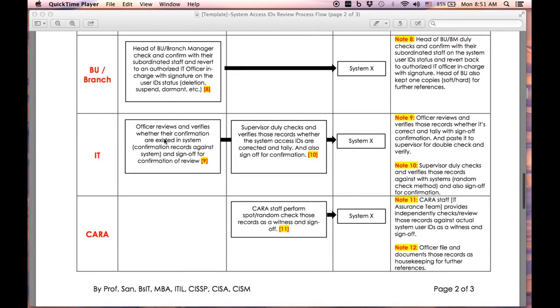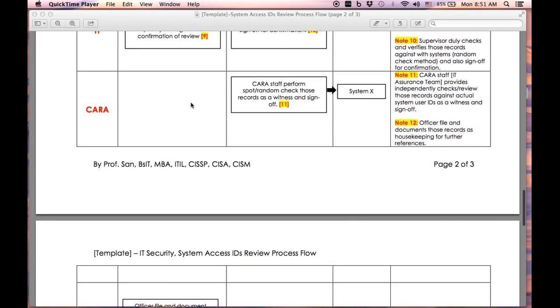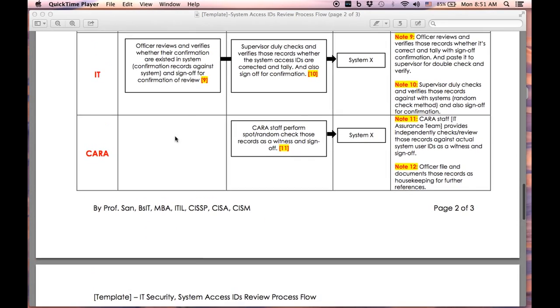After that, it reverts to IT to check and verify whether the acknowledgement from the business unit and brand is signed and confirmed correctly. After that, we have the independent reviewer, like the IT assurance function we call the Kara team.